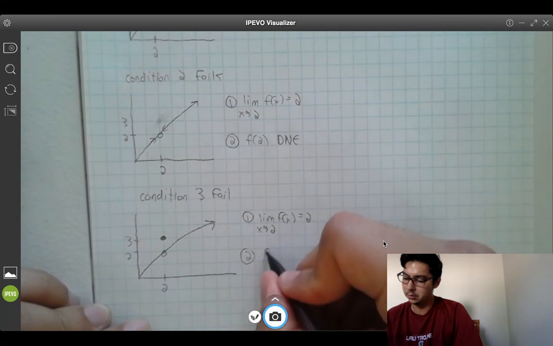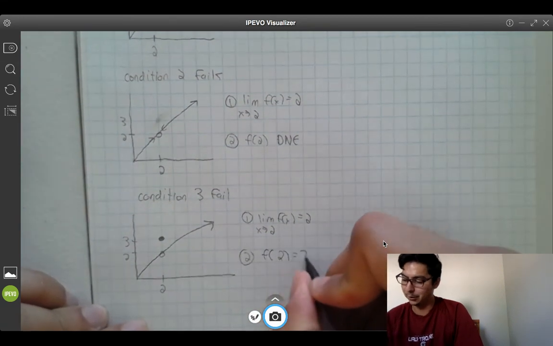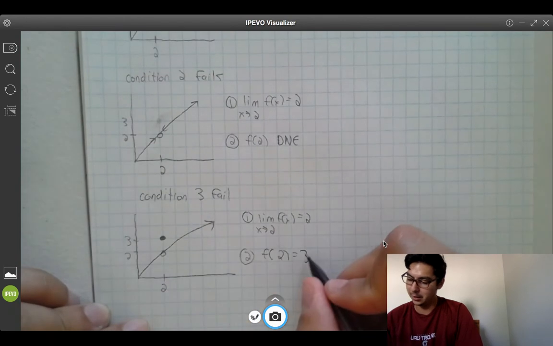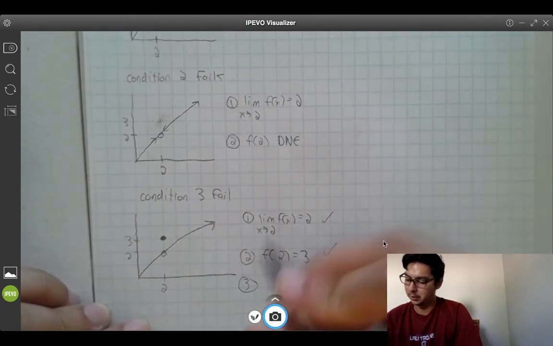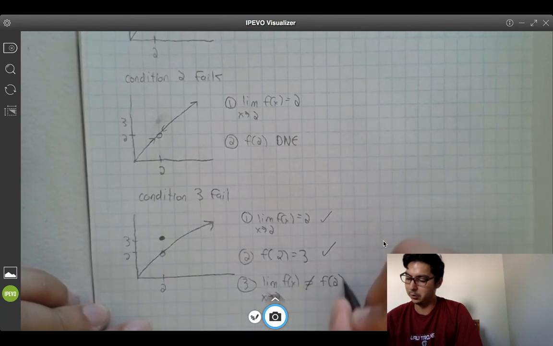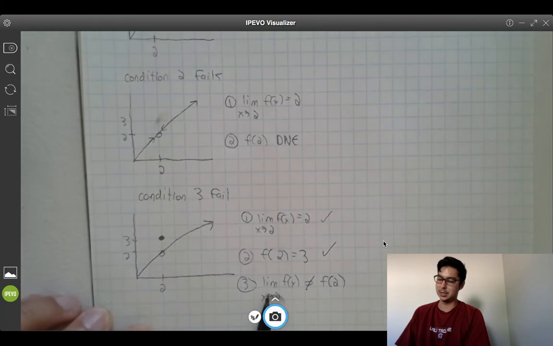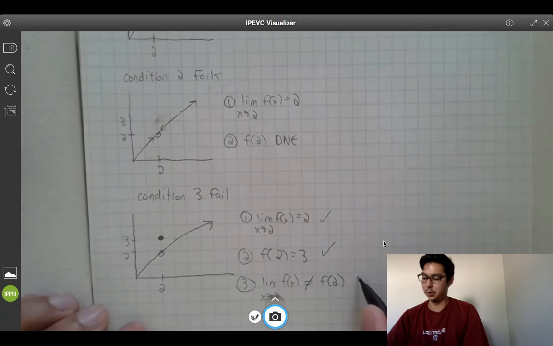Condition 2, f of 2 is equal to 3. There's a value right there. That's good. But condition 3 is the limit as x approaches 2 does not equal f of 2, because the limit as x approaches 2 is equal to 2, but f of 2 is equal to 3. These don't equal each other. And that's where condition 3 would fail.